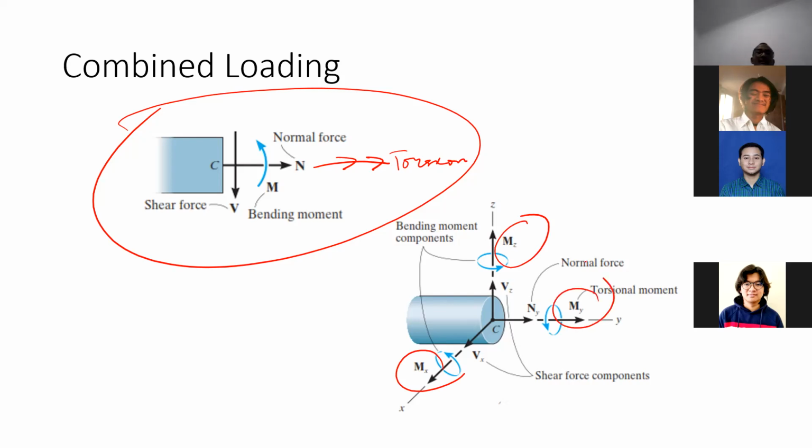So in the three-dimensional case, we have 6 components, but in the two-dimensional case, we have 4 components. Sometimes we do not necessarily have to deal with all 4 components together in the two-dimensional case. It depends on the condition. But you have to know that there is a possibility that those 4 components can come at the same time.